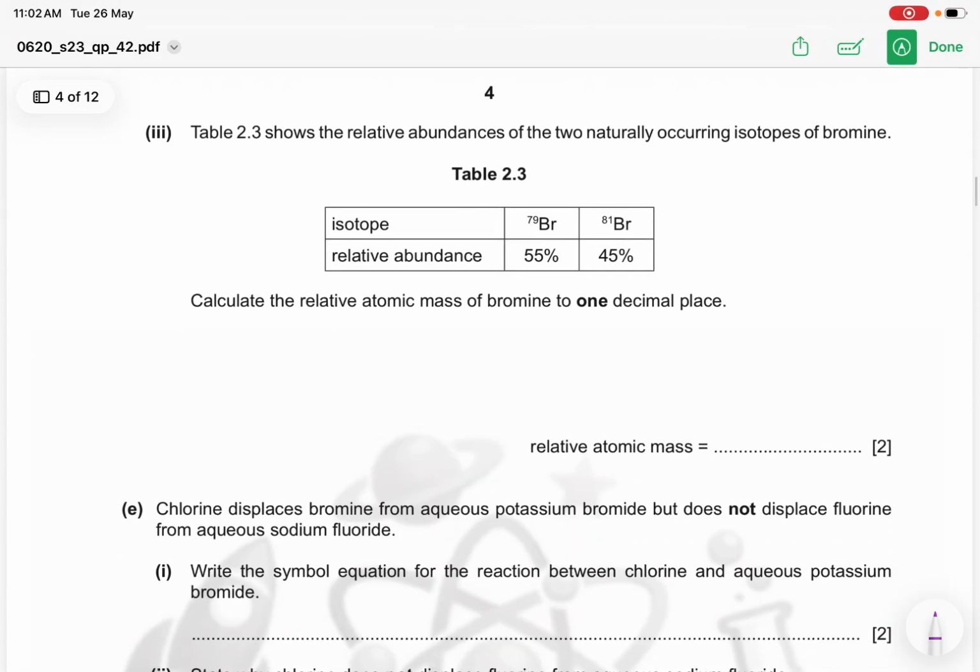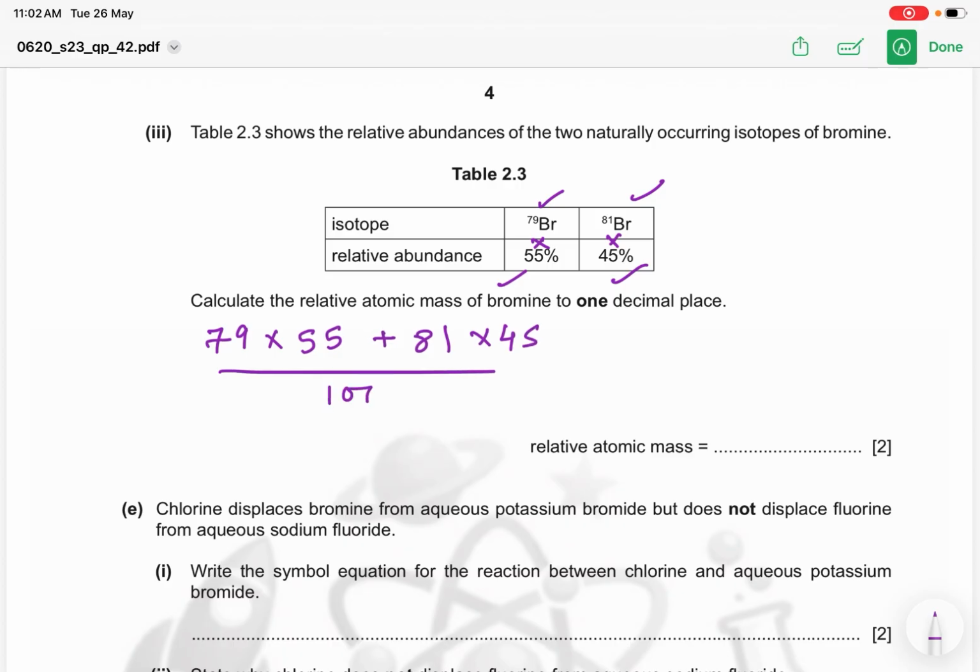Next, table 2.3 shows the relative abundance of two naturally occurring isotopes of bromine. So here they have given us the mass and the relative abundance. The formula is very simple. Mass into relative abundance plus mass into relative abundance. So 79 into 55 plus 81 into 45 upon 100.